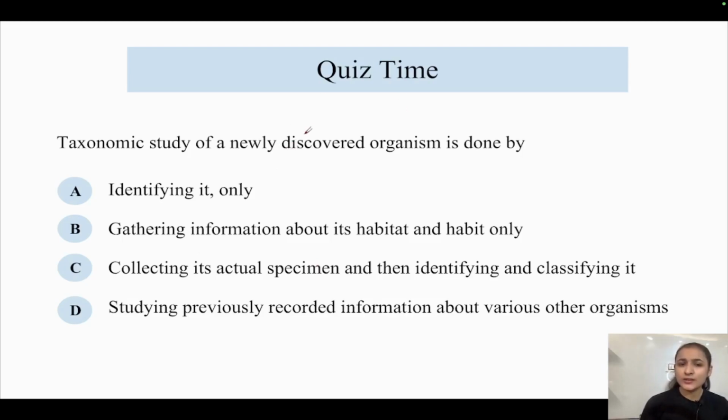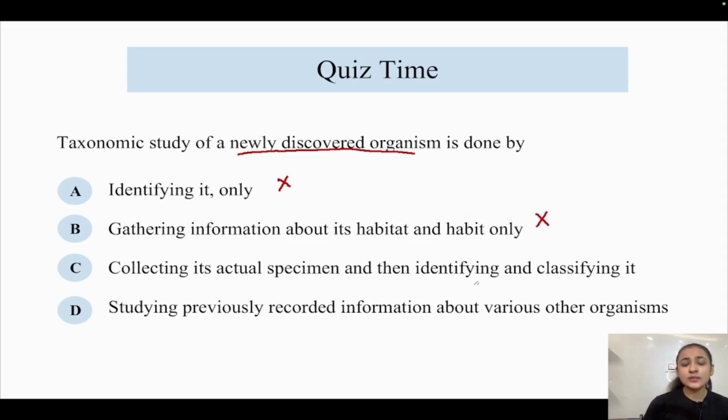Now, a quick quiz question. Taxonomic study of a newly discovered organism is done by, and here we are talking about a newly discovered organism. Option A is by identifying it only. No, identification is not enough. Option B, gathering information about its habitat and habit only.